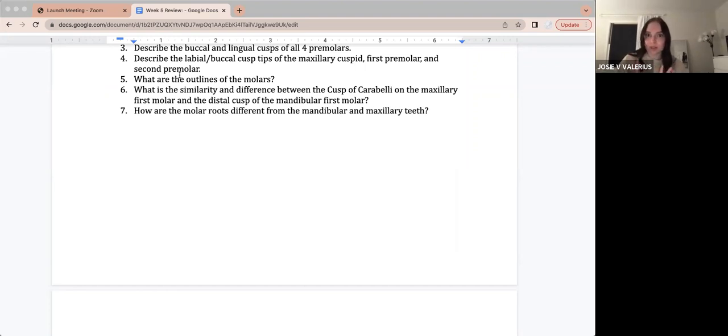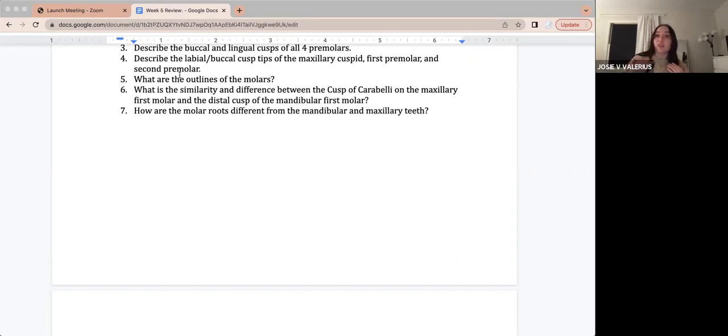So we're going to start with the maxillary first premolar. For the maxillary first premolar, the buccal cusp is about 1 millimeter higher than the lingual cusp, and that is its special difference with the cusp sizes. For the second maxillary premolar, the lingual and buccal cusps are about at the same height.